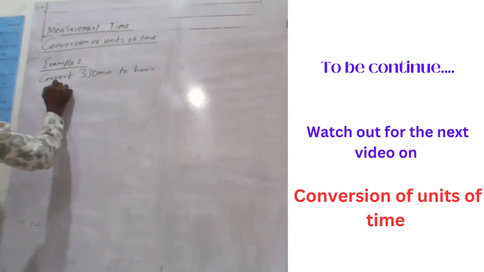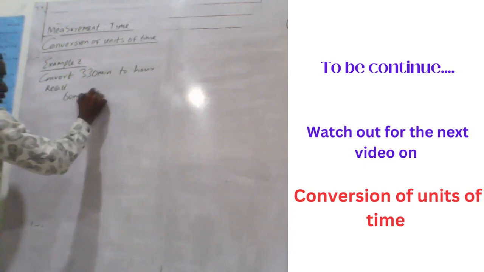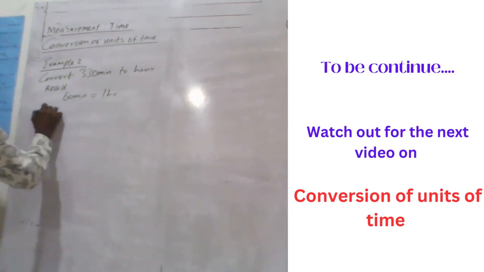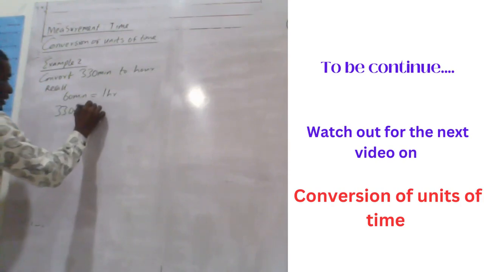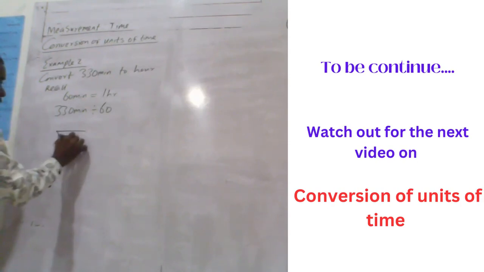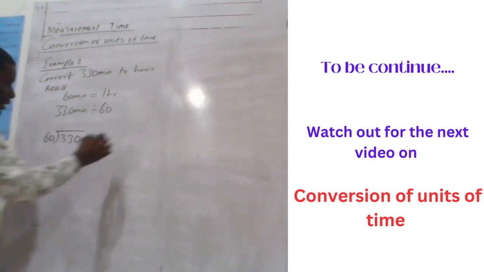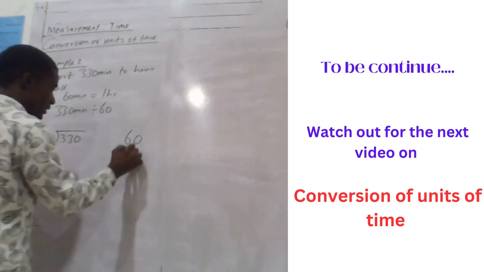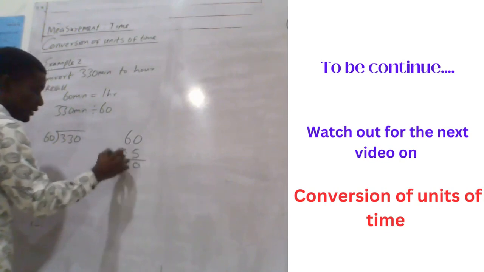Recall 60 minutes equals 1 hour. Therefore, 330 minutes divided by 60. Now let's take our long division method. How many times can 60 go in 330? Let's try 60 times 5. 0, 30.